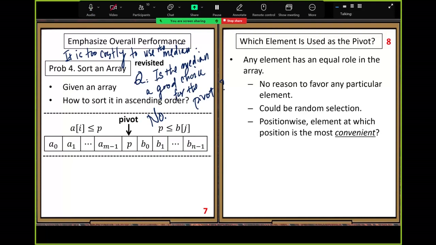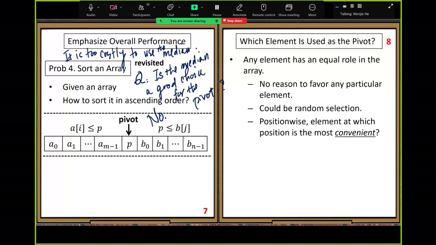The first position of the array, second position, and the last position. Positions and the values are not matched at the beginning. At the end, they are matched. At the end, all the elements are in place. Then the first position corresponds to the first smallest element and so on. But before you sort it, the positions and the values are not matched. Yeah, they are different.